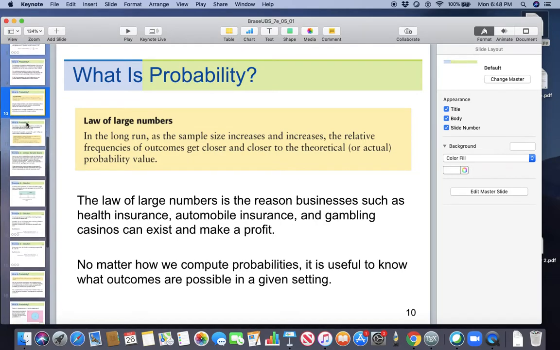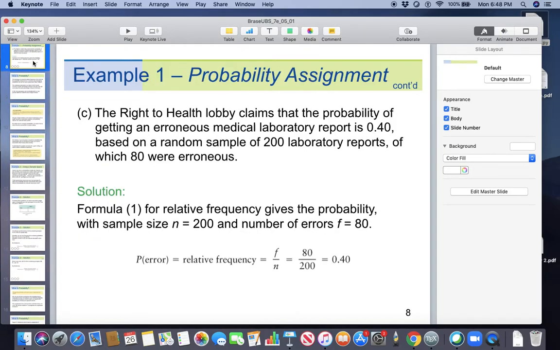All right. So here was a very beautiful example. Here is a medical lab. They took a random sample of 200 reports, out of which 80 were erroneous. So the probability of error is said to be, in this case, 80 out of 200. Well, what if you had taken 400 lab reports? We expect it to be double this.